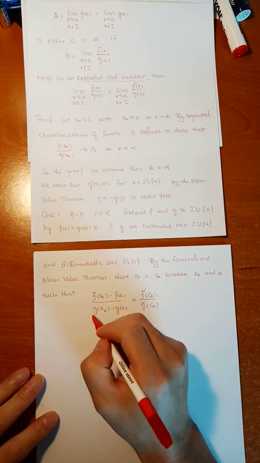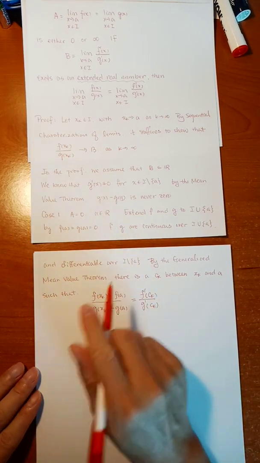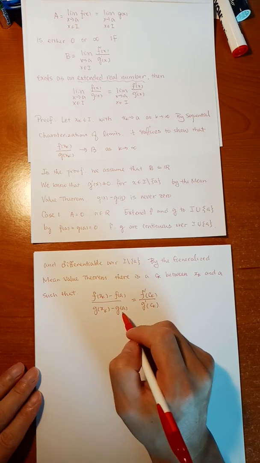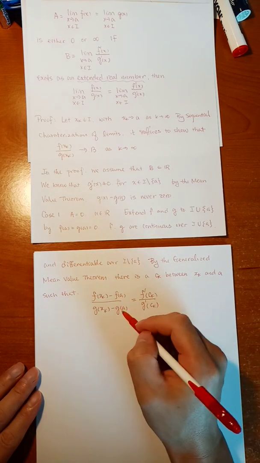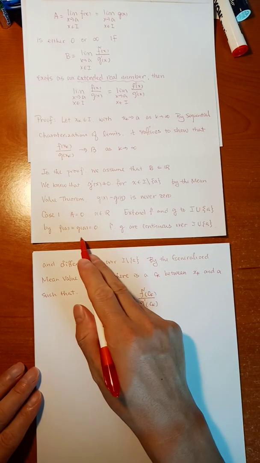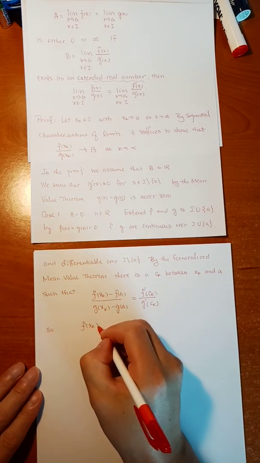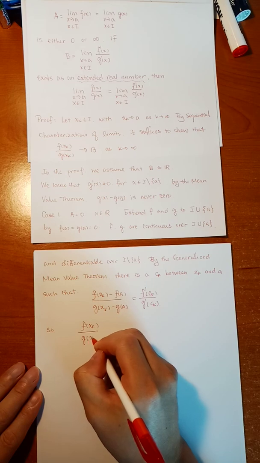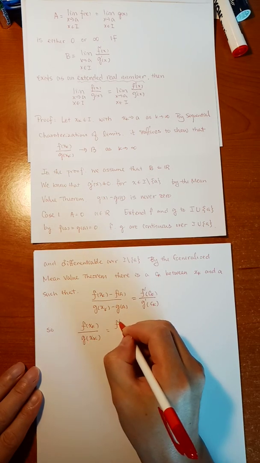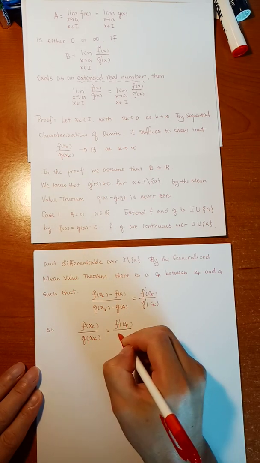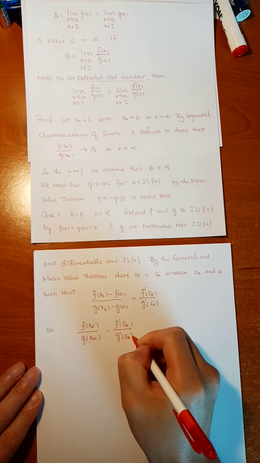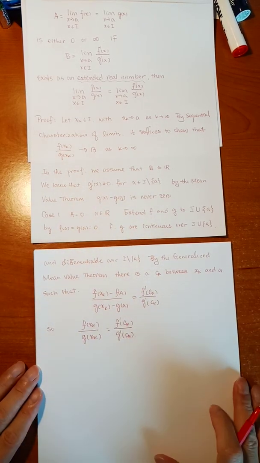And remember the denominator is never 0 when x_k is not equal to A, and f(A) and g(A) are both 0. So we actually have this relation.